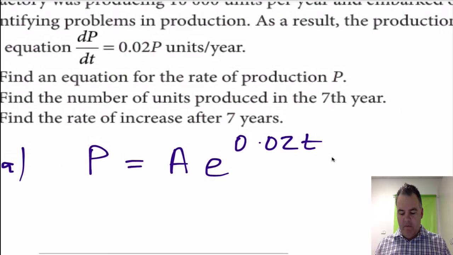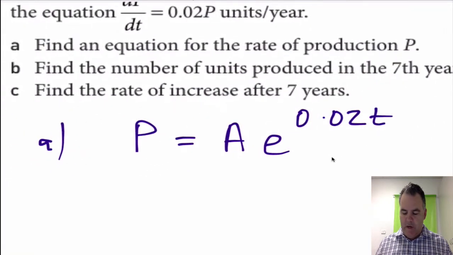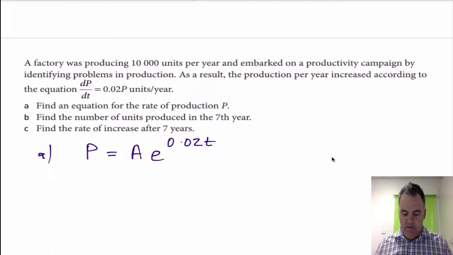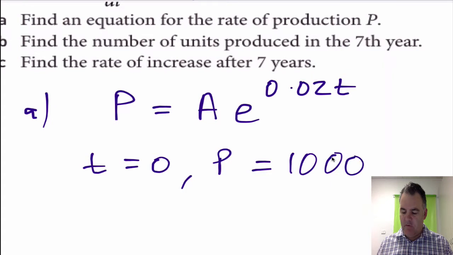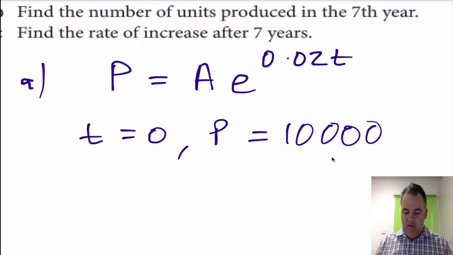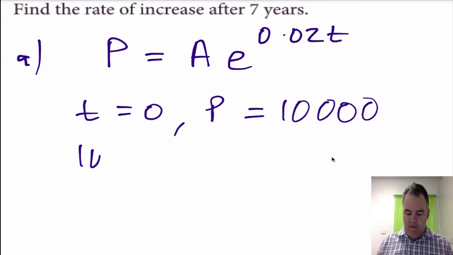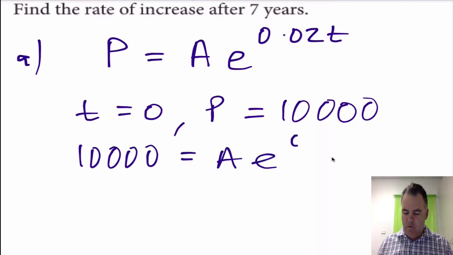Now we don't have the value for A. We know that when we started it was producing 10,000 units per year. So when t is equal to 0, P, the production, was 10,000. If we put that in, we get 10,000 equals A e to the 0.02 times 0.